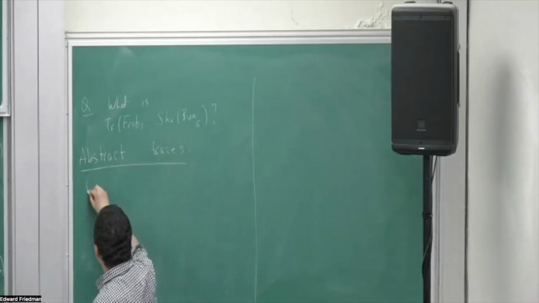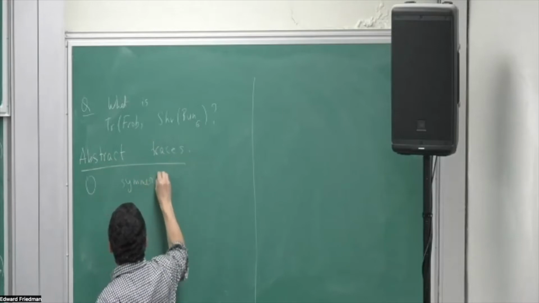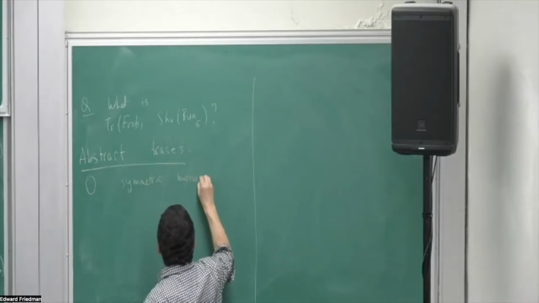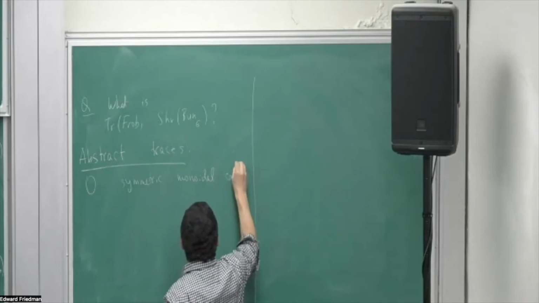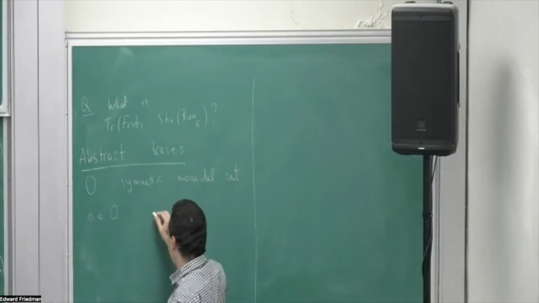The setting is that if you have any symmetric monoidal category, there's a notion for an object to be dualizable.